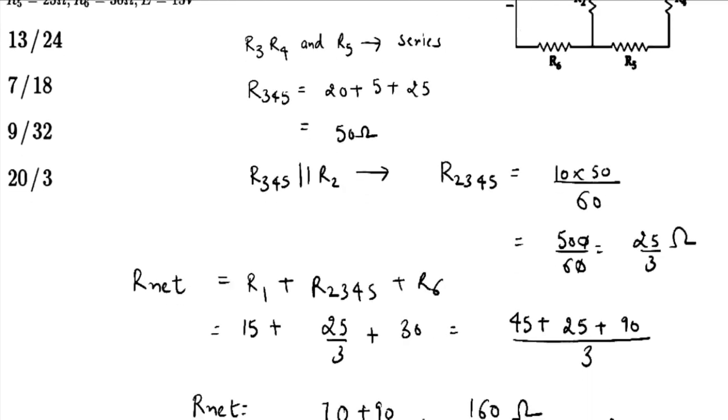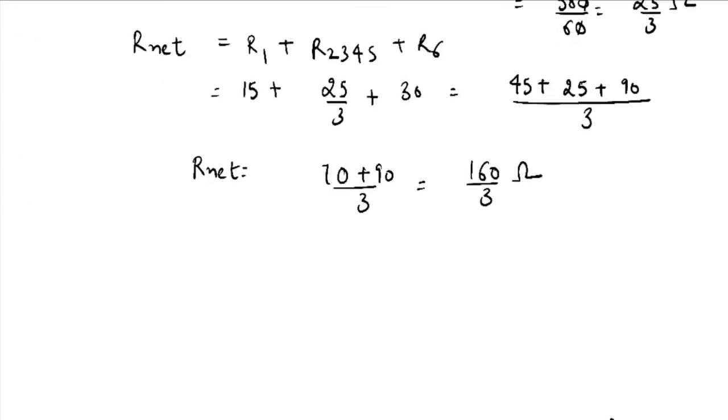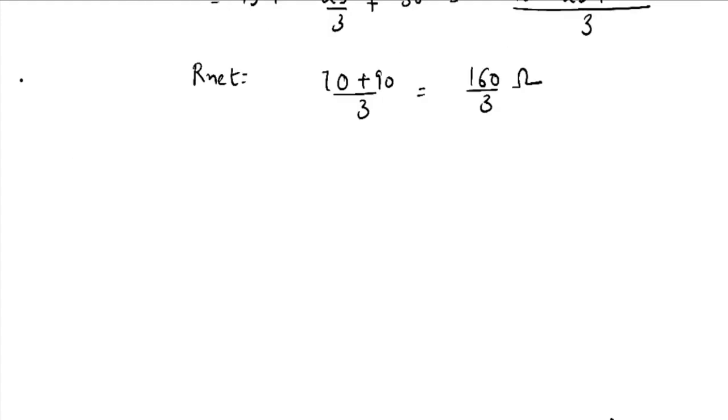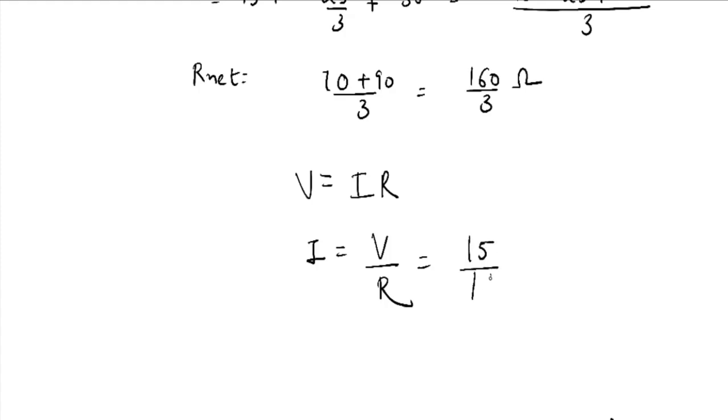Now E is 15 volt. Using Ohm's law, V equals IR. So current I will become V divided by R. V is 15 and R is 160 by 3.